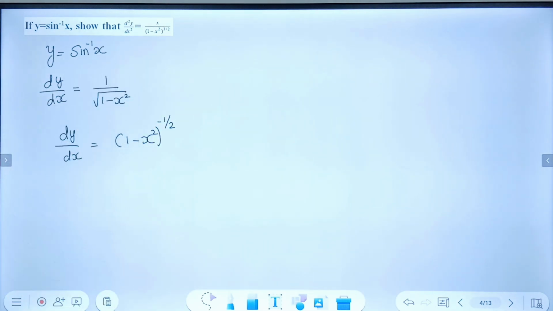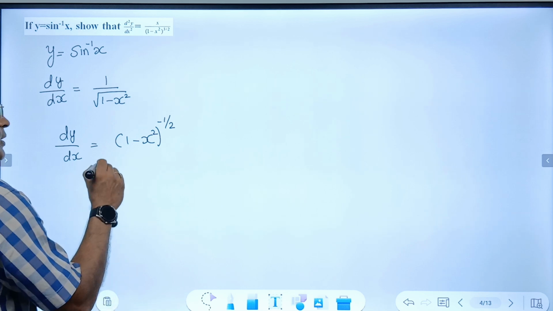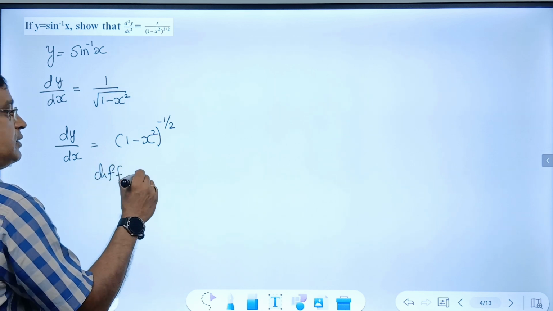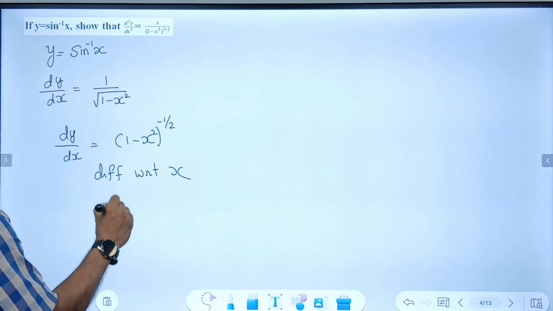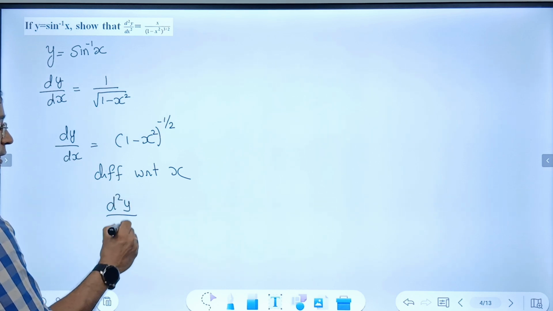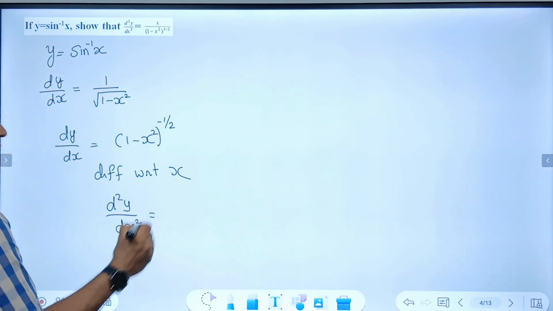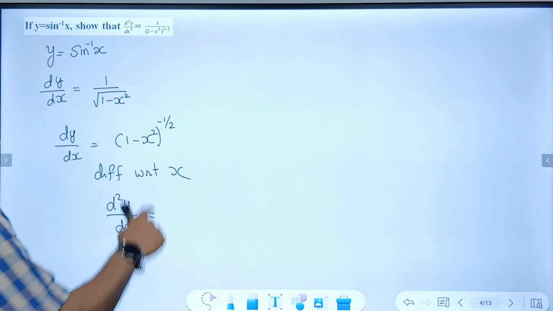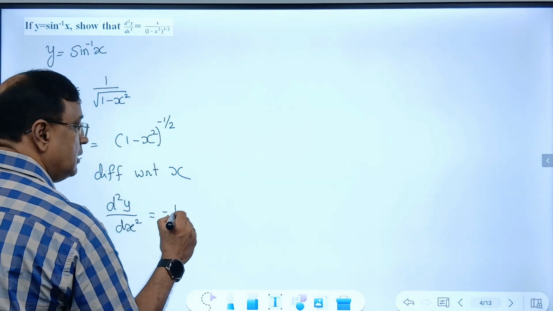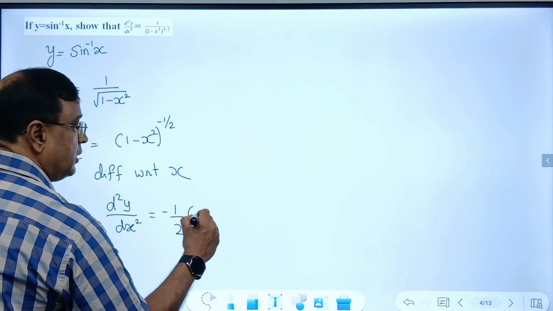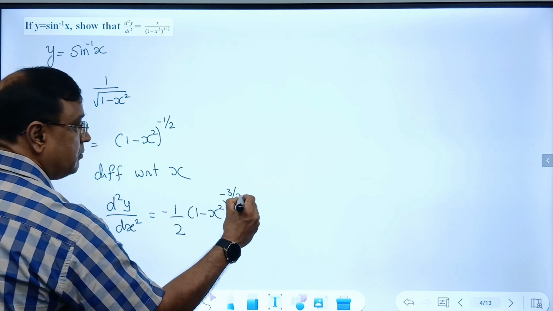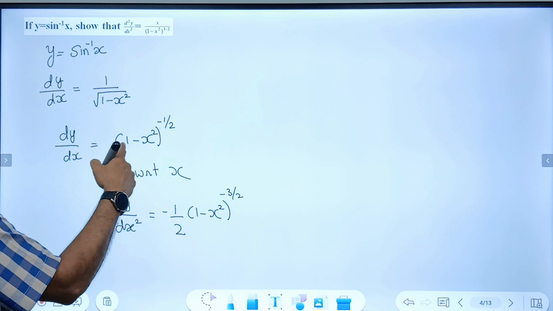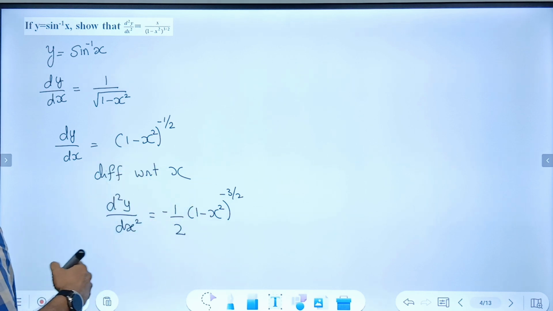I take this up and differentiate again with respect to x. So when I differentiate dy by dx, I get d square y by dx square equal to, now I'm going to use chain rule. First I differentiate the power: minus 1 by 2 into (1 minus x square) the whole power minus 3 by 2.